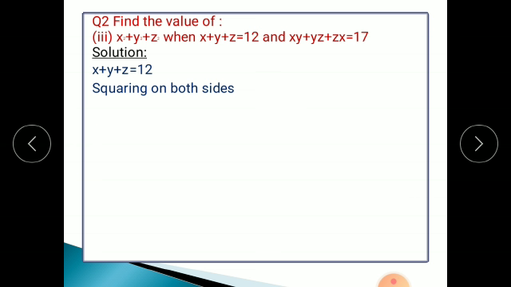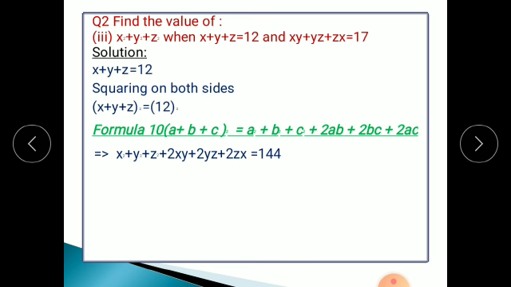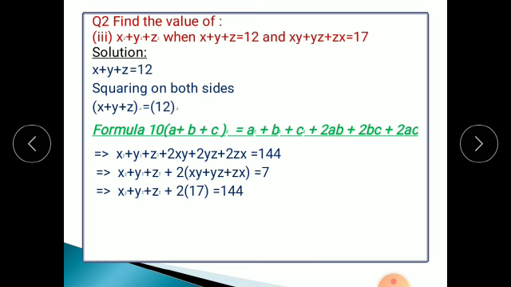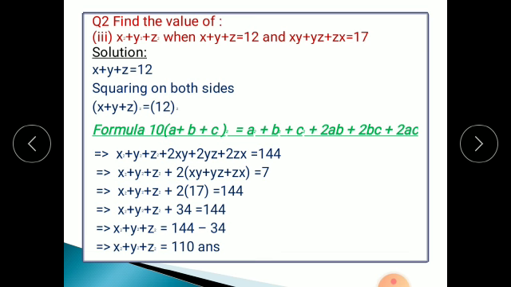I have done it for your convenience, but you have to solve this question by yourself. Okay, so what I have done here, x plus y plus z equal to 12, squaring I have done. Okay, and then the formula I have applied here, just expanded the formula. Okay, and do this question like the last question.